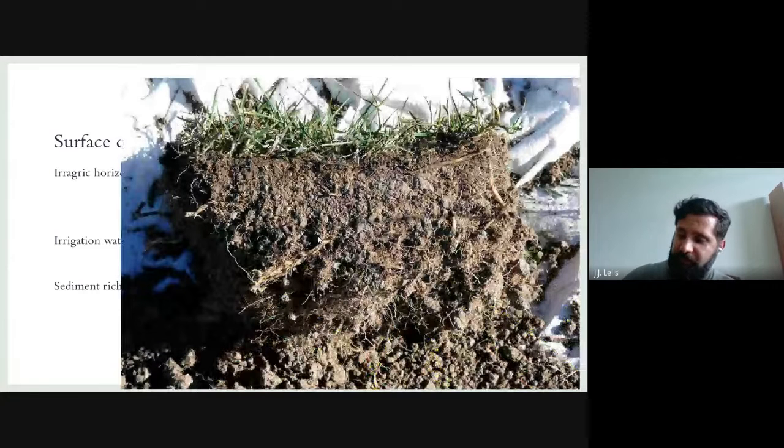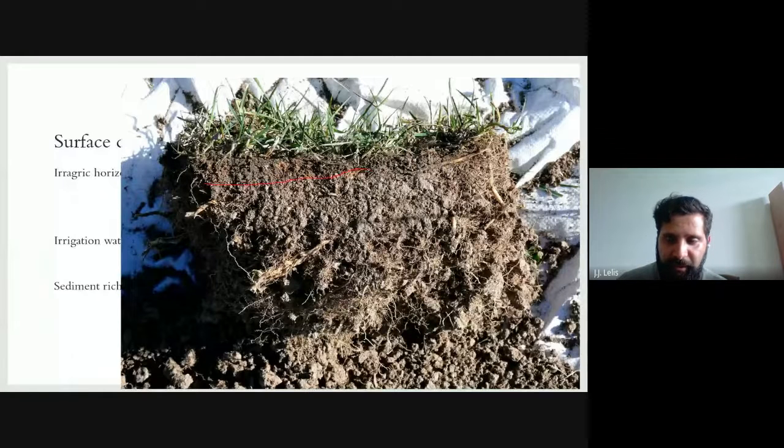It's quite easy to see in these cases that we have here a brown or dark color, and here we can see a gray color.